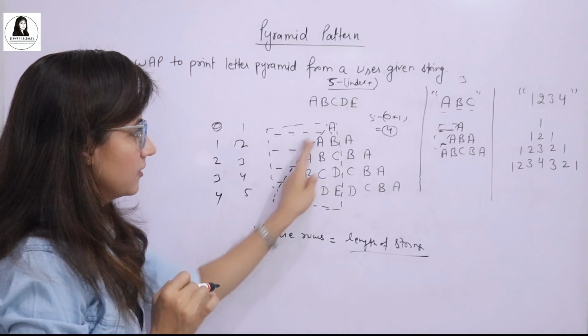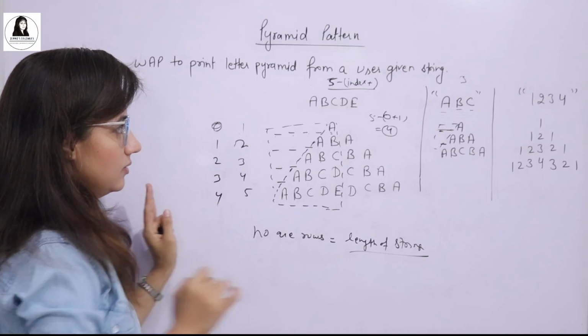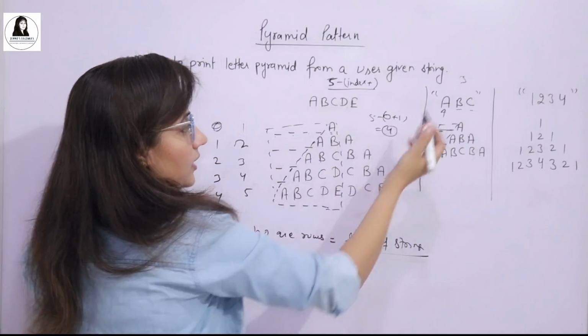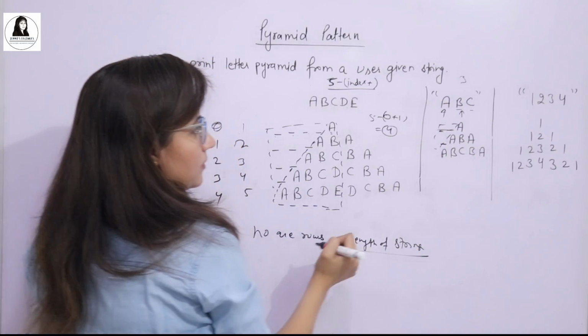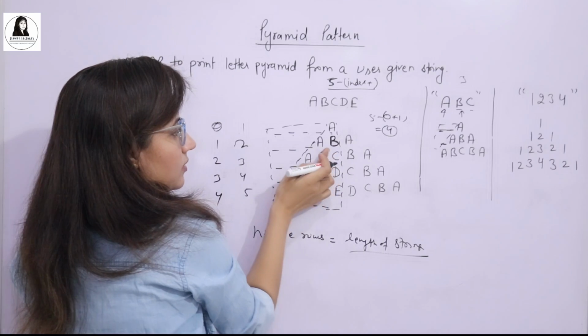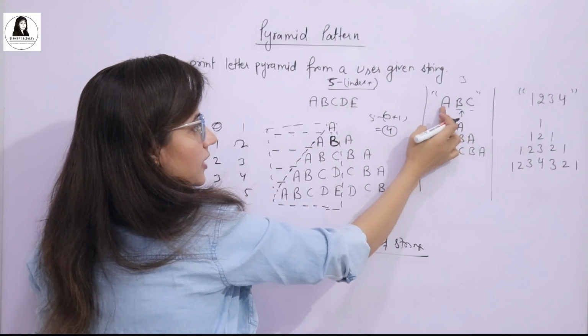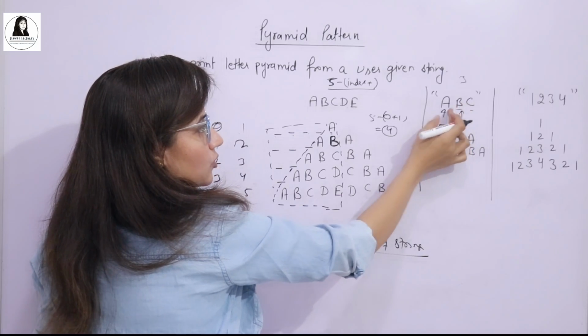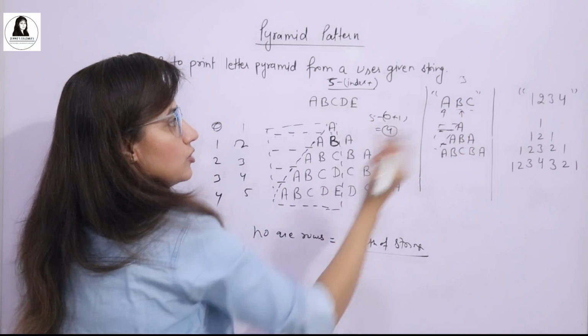Then we can print the characters. Let's take it character by character. In the first line we will print A, then for the next character, B. Before printing B, in the center, we will print whatever characters are there before B. And after B, we will print whatever characters were before B in reverse order.